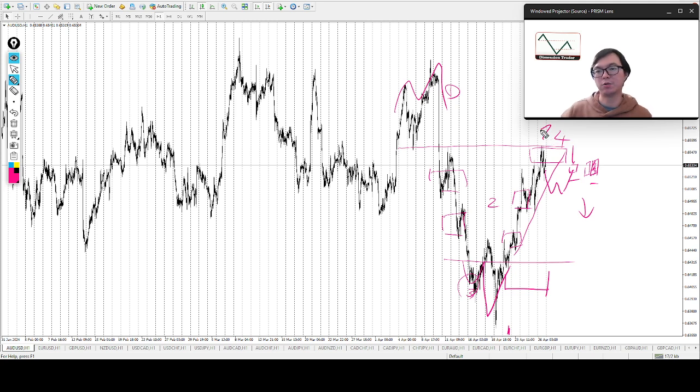Otherwise, price goes up continuously, and we'll review this one after price breaks up this point.